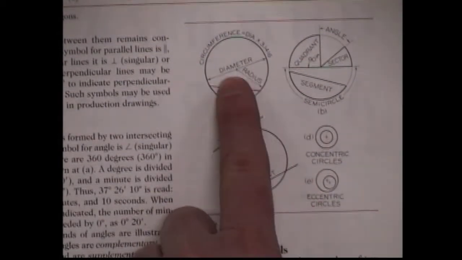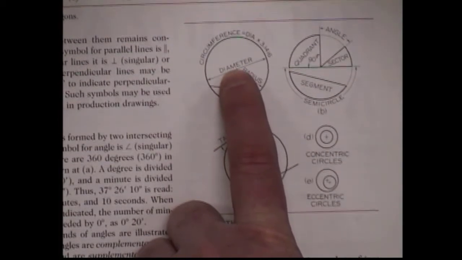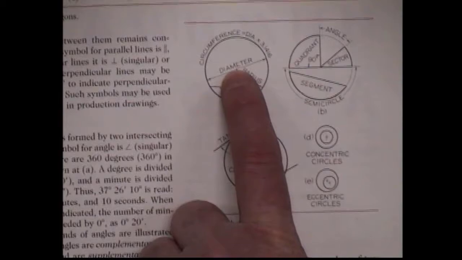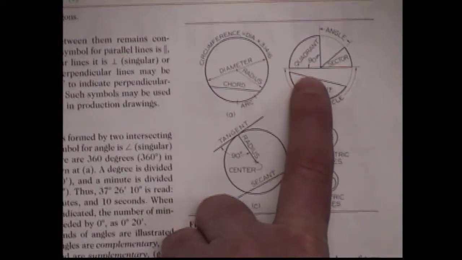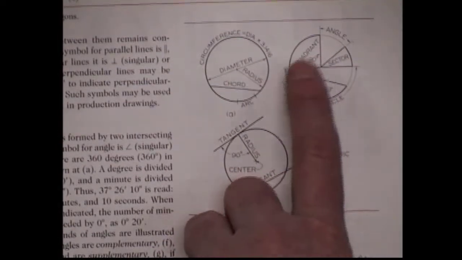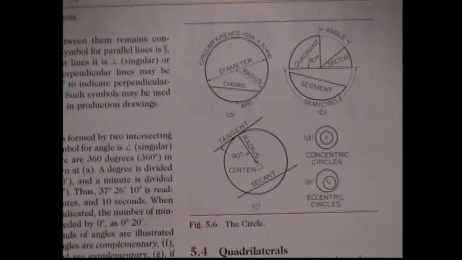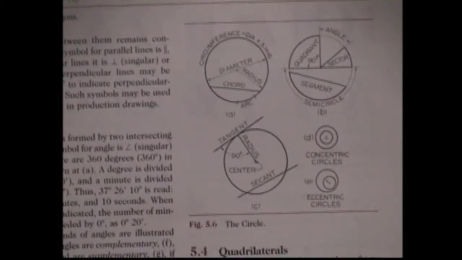We know what a diameter is, and the key to the definition for diameter is the distance across the circle through the center. If you don't say through the center, then it could be a chord, it could be a segment, it could be quadrant or sector. So there's that significance of through the center.